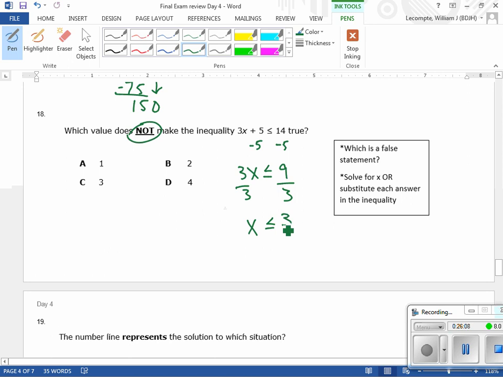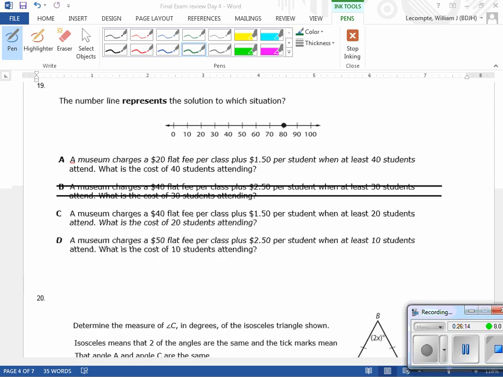The numbered line represents the solution to which situation? Well, I'm going to take the 40 students and put them back into my equation that I create. So 20 plus $1.50x, or times 40. So 20 plus 1.5 times 40 is equal to 20 plus 60, which is equal to 80.